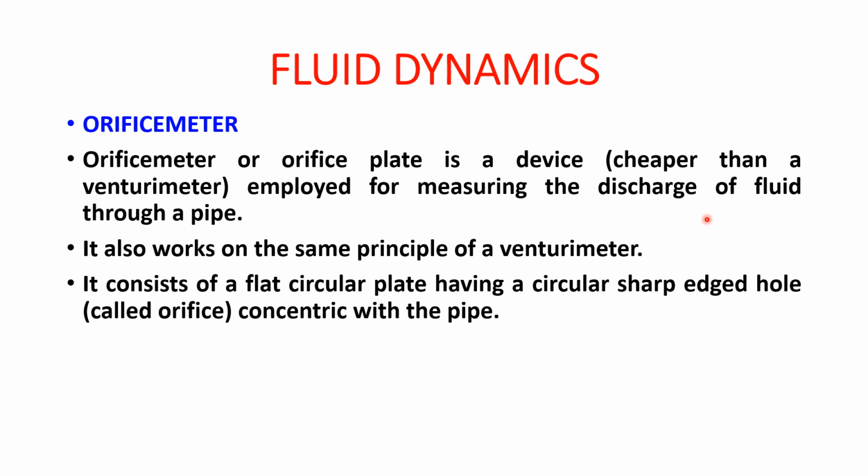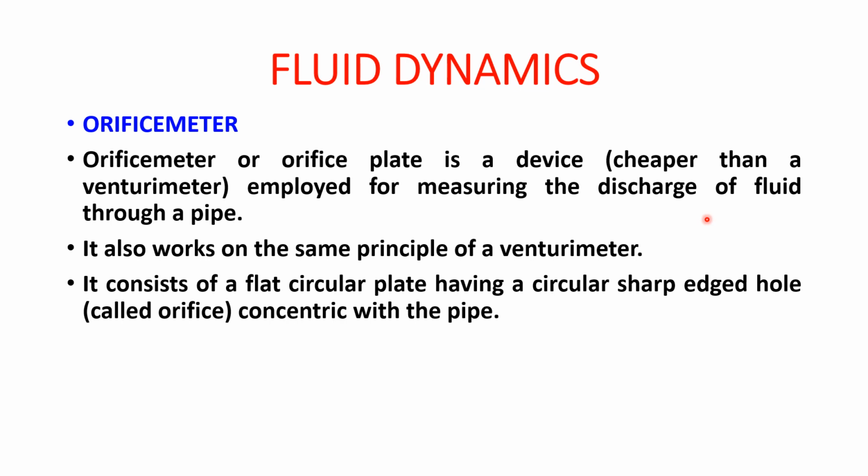It consists of a flat circular plate having a circular sharp-edged hole, called the orifice, concentric with the pipe. See guys, there is a plate, and if you drill a hole in that plate, it can be used as an orifice. The orifice need not be a circle. If you drill a square hole, the orifice will be a square orifice.